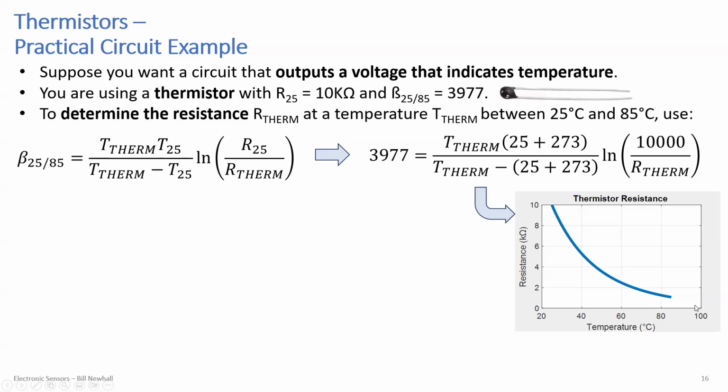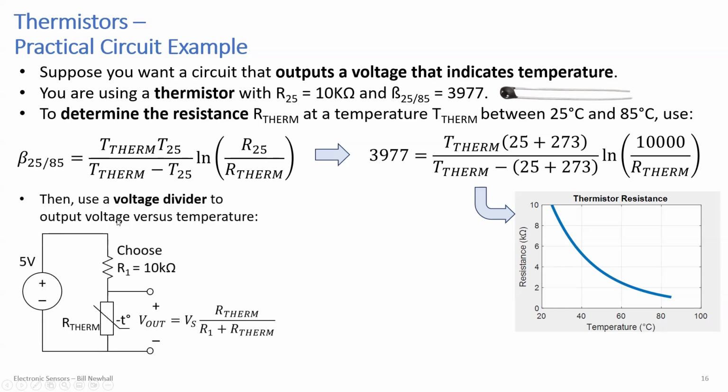So here's the resistance versus temperature. So I know I'm going to have a resistance that varies in that range, up to 85C. So it's going to vary between maybe a little over a K ohm up to 10K ohms, right? 10K is the 25C value.